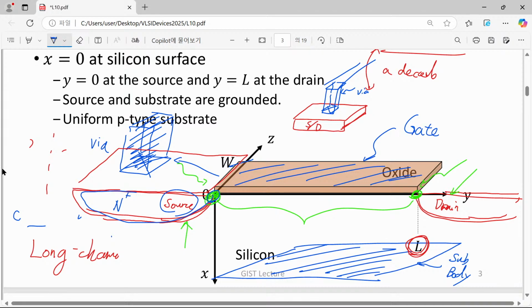If we apply, for example, 1 volt, then this 1 volt just propagates in this way and eventually propagates to that way, because metal is regarded as a very good conductor, and even this source and drain is so highly doped that they have quite a high conductivity. That's why in this modeling we will say that the quasi-Fermi potential at this source side is just given as the source voltage.